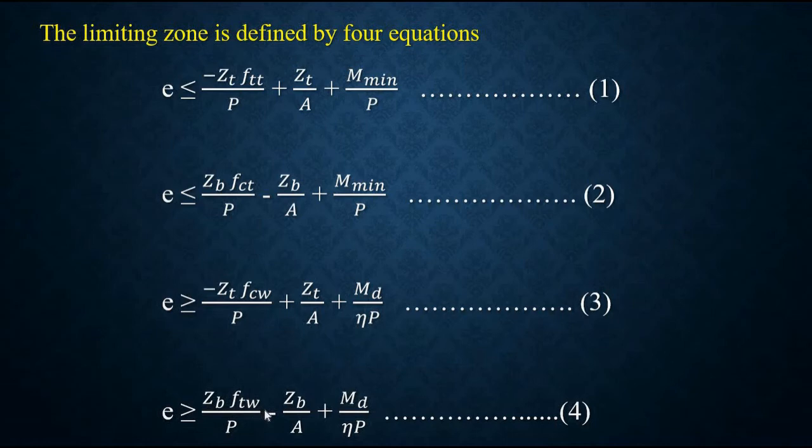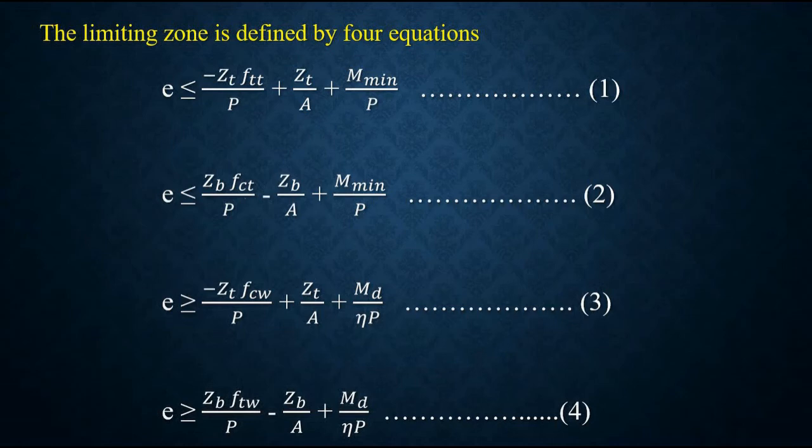FTW is the permissible tensile stress in the concrete at the working loads, and here again it is ZB. These small things we should remember while remembering these equations. So be careful with these equations. It is a bit complicated in terms of writing the notations, you may go wrong at that stage.